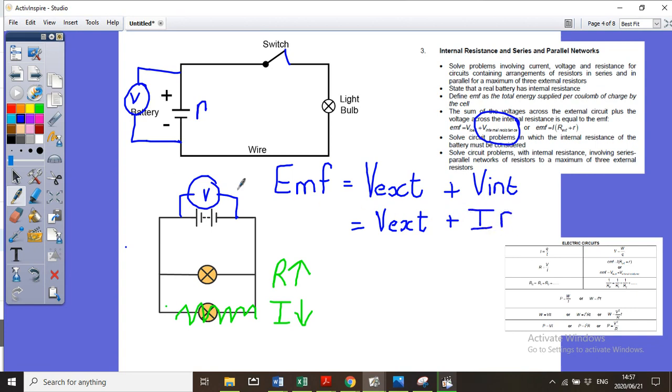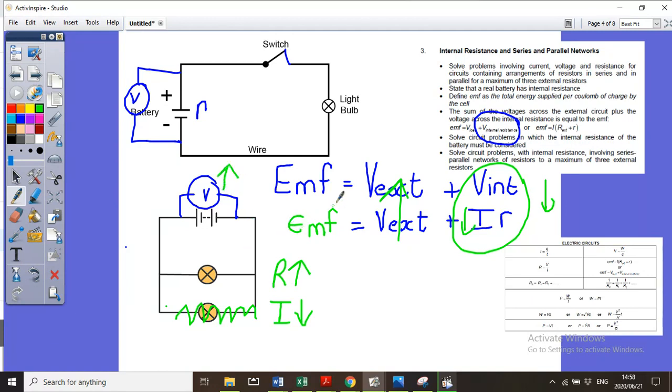If the current here goes down, that means that this whole V internal is going down. But because the EMF is constant, if the internal voltage is going down because less energy is used inside the battery, then there is now more available for the external circuit. And therefore, this external circuit reading will go up, and that means this reading on my voltmeter will go up.